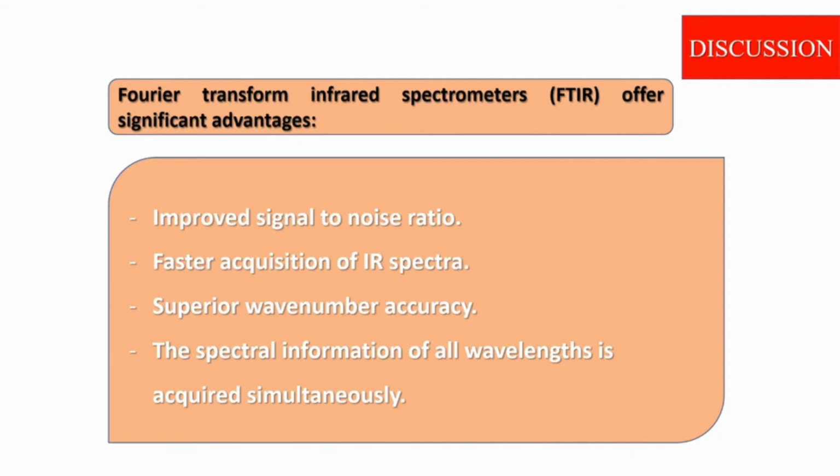By accuracy, the FTIR helps to give an accurate wave number of the products that we use in this experiment. Finally, the spectral information of all wavelengths is acquired simultaneously. The FTIR helps us save a lot of time.